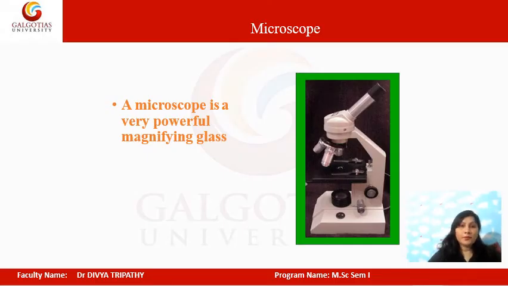Now, before coming to the compound microscope, let's recall what is microscope. A microscope is an instrument, or you can say a powerful magnifying glass, that magnifies the image of the object in better resolution so that we can see it through our naked eye. Previously, that was not visible to our eyes due to their micro size.